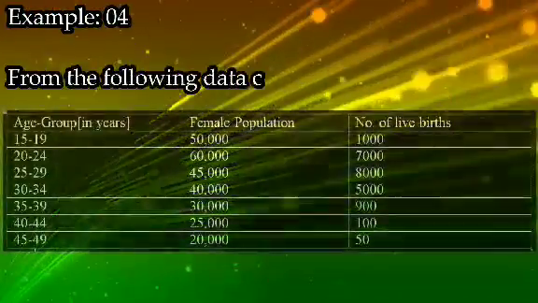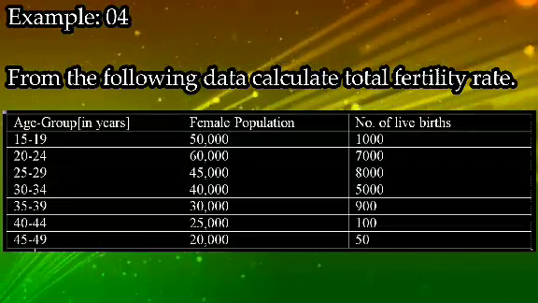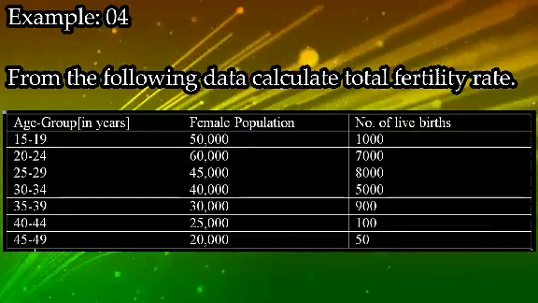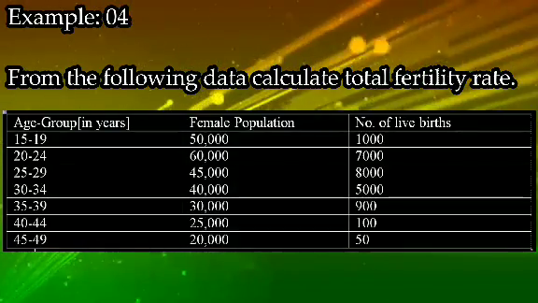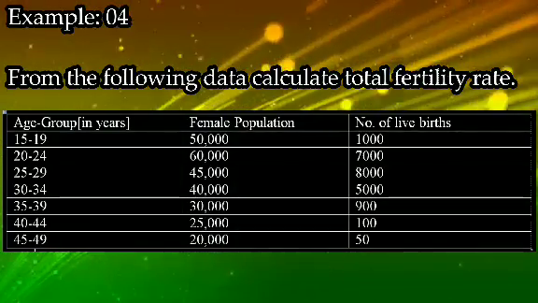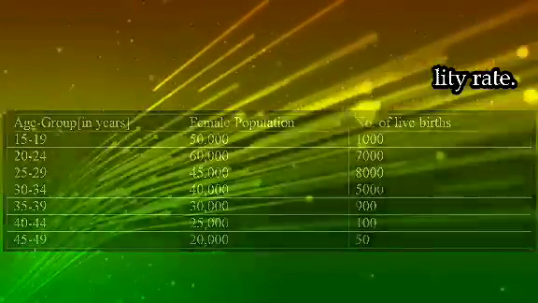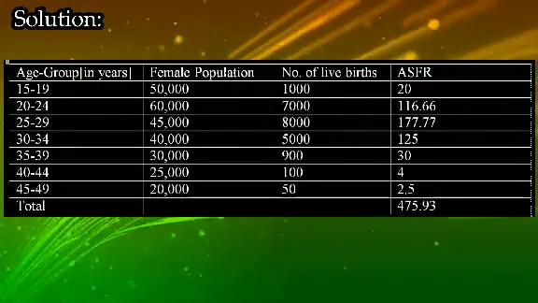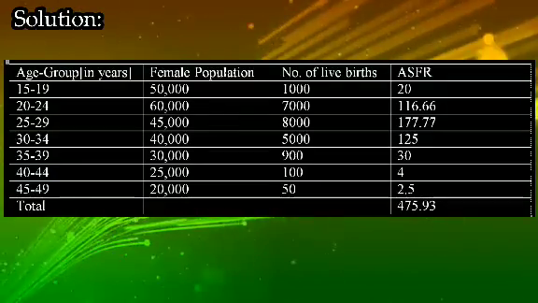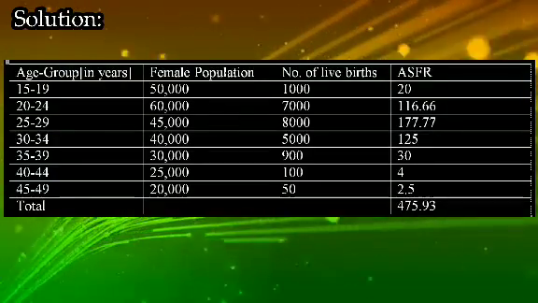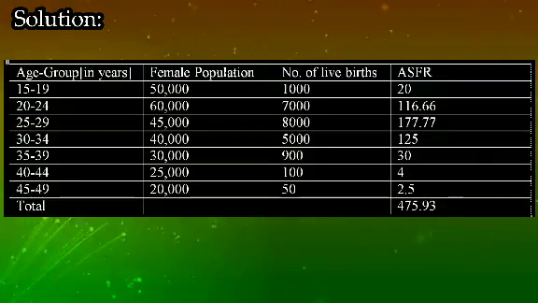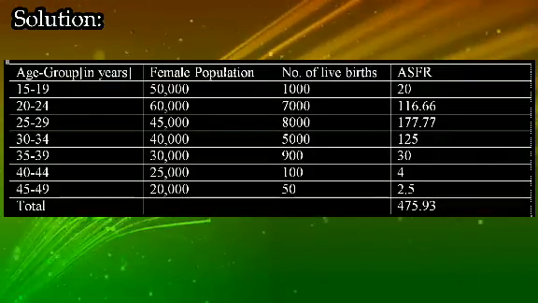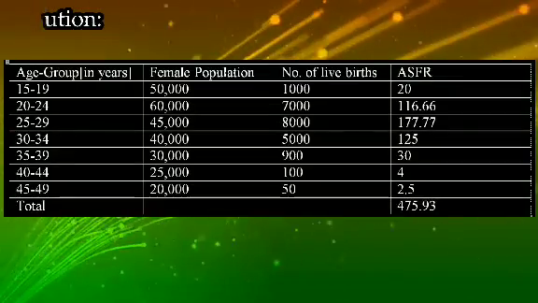In the next example, from the following data, calculate total fertility rate. Again, the data is given in the question. First, write down solution. Draw the table, copy the data from the question, include one more column to find the ASFR values, write ASFR formula and compute all the ASFR values. Then here in the first column, the width of the class interval is 5.